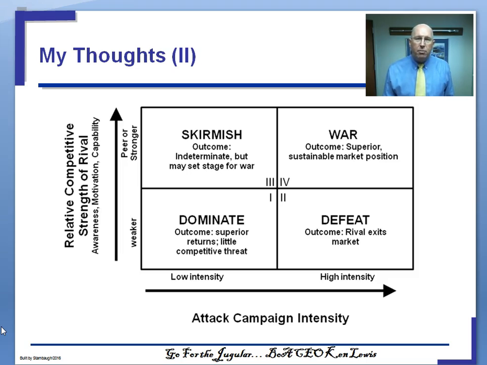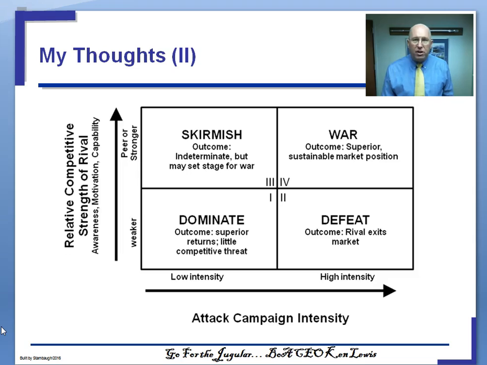Well, let's start in the bottom left-hand quadrant. This is the dominate quadrant. This is where you have a relatively weaker peer or weaker rival that a company just attacks enough to keep them down. They allow them to exist, but not really be a threat to them. So as to say, they have the oxygen hose squeezed, but not completely shut off.